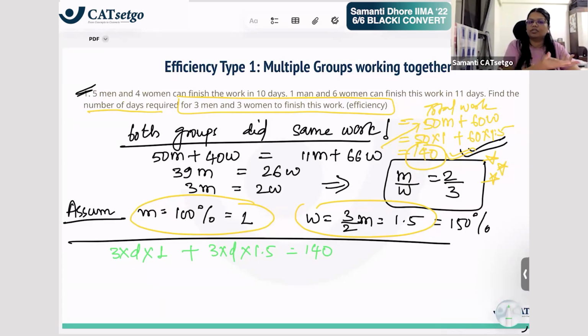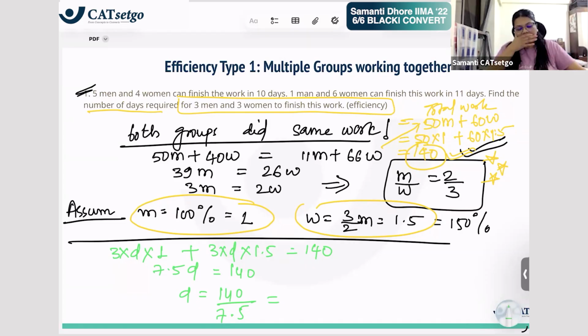M की value 1 और W की value 1.5 आ गई है मेरी. So this is 7.5D is equal to 140. So D is 140 divided by 7.5. What answer do we get here?